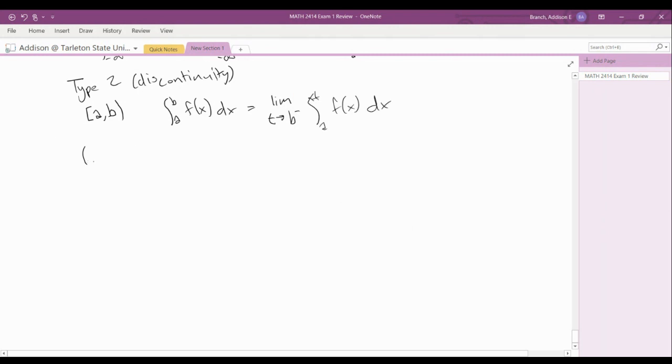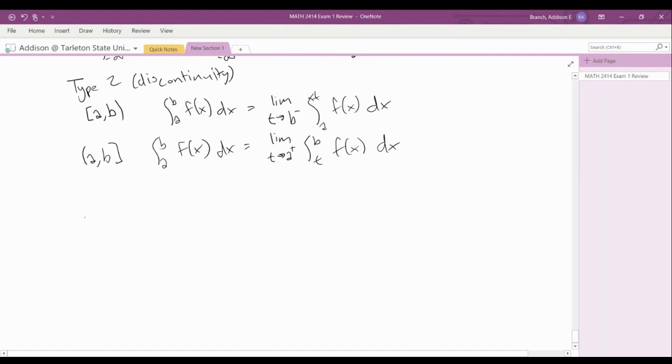Similarly, if we are discontinuous at a, but we are continuous at b, we can treat this the same way. But instead, we can take the limit as t approaches a from the positive, since that's the side closest to b, of the integral from t to b of f of x. And then lastly, we have another interesting case.